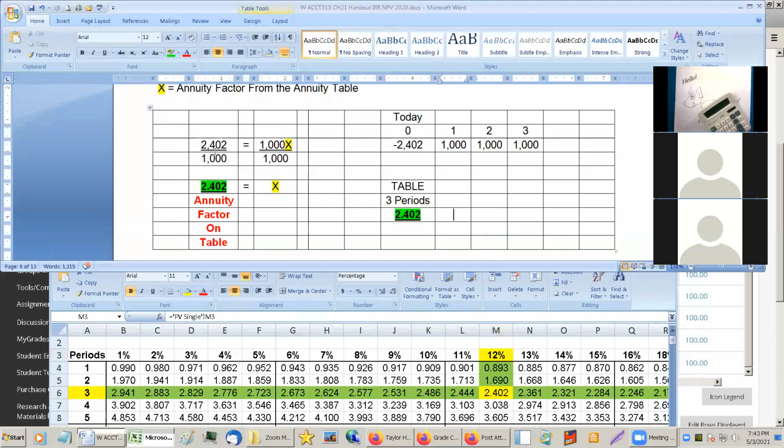So 12% will make our payments equal to our investment. So from the table, maybe a better way for me to do this.